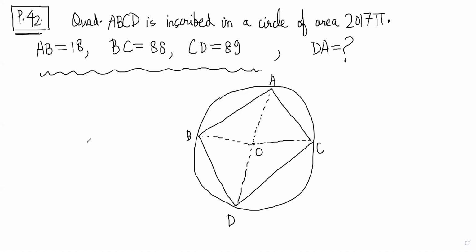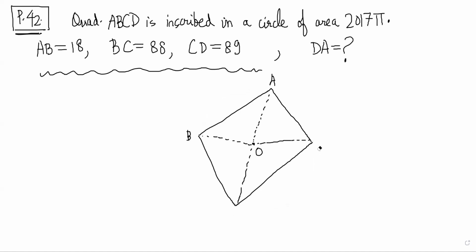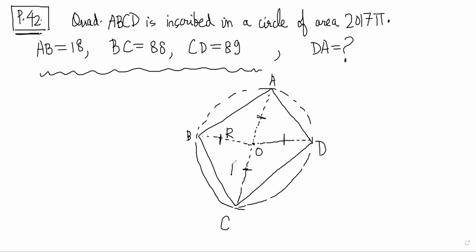Okay, my labeling is wrong. I should label it C and D. So what you can do is, you know that all of these are equal, and this is R, capital R, the radius of the circle, right?